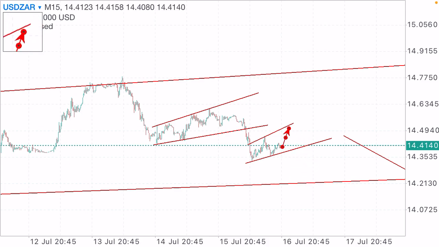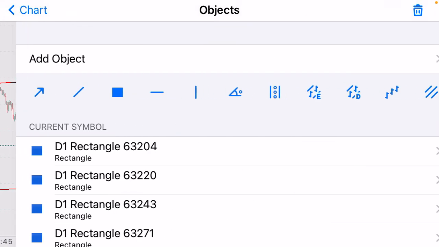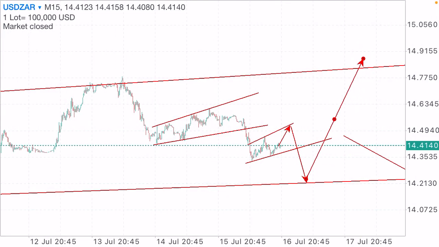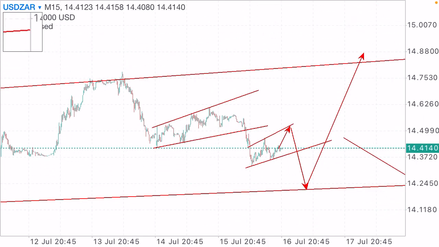Maybe these are the probabilities, the scenarios that are there. Price can push to that level there, then we sell off there before we bounce off with a buy like that. So this is what we have on a 15-minute time frame.